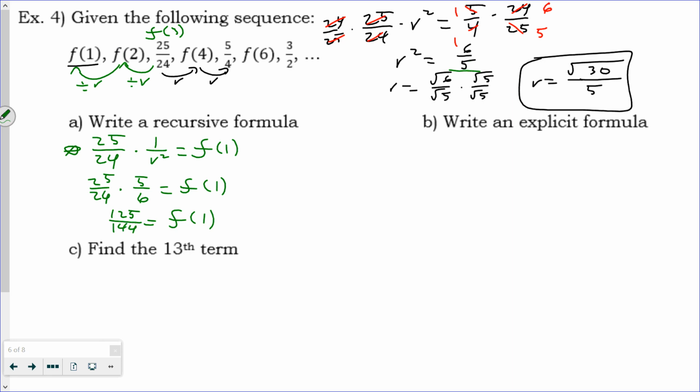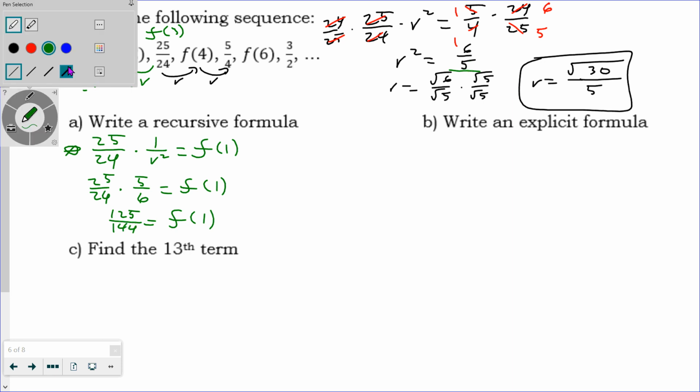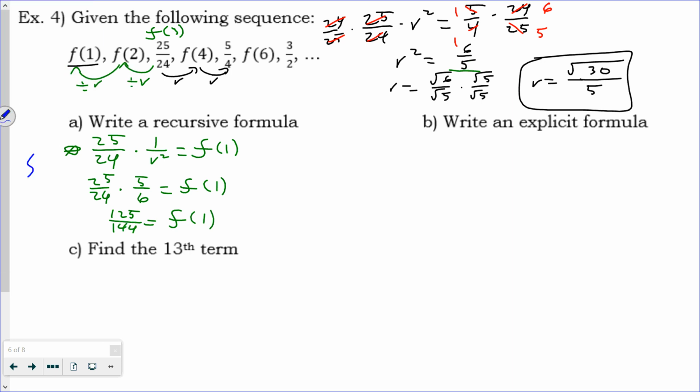So from here, I'm going to figure out my formula. My formula is going to be f of n equals my r value, the square root of 30 over 5, multiplied by f of n minus 1. That is just the regular formula for the recursive, sorry, not explicit, formula.